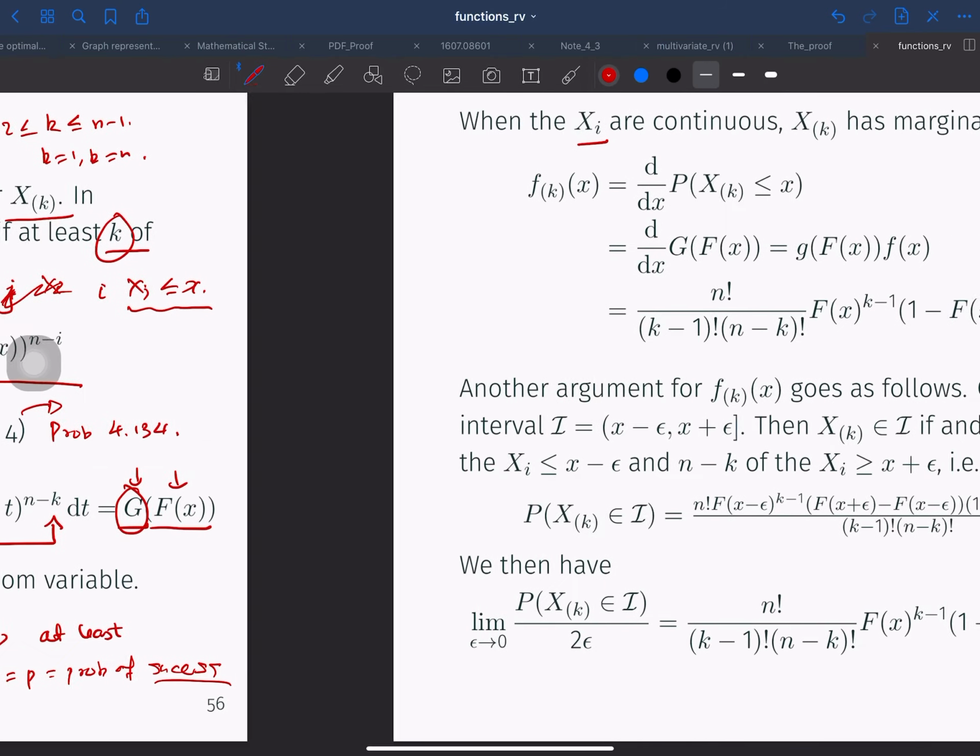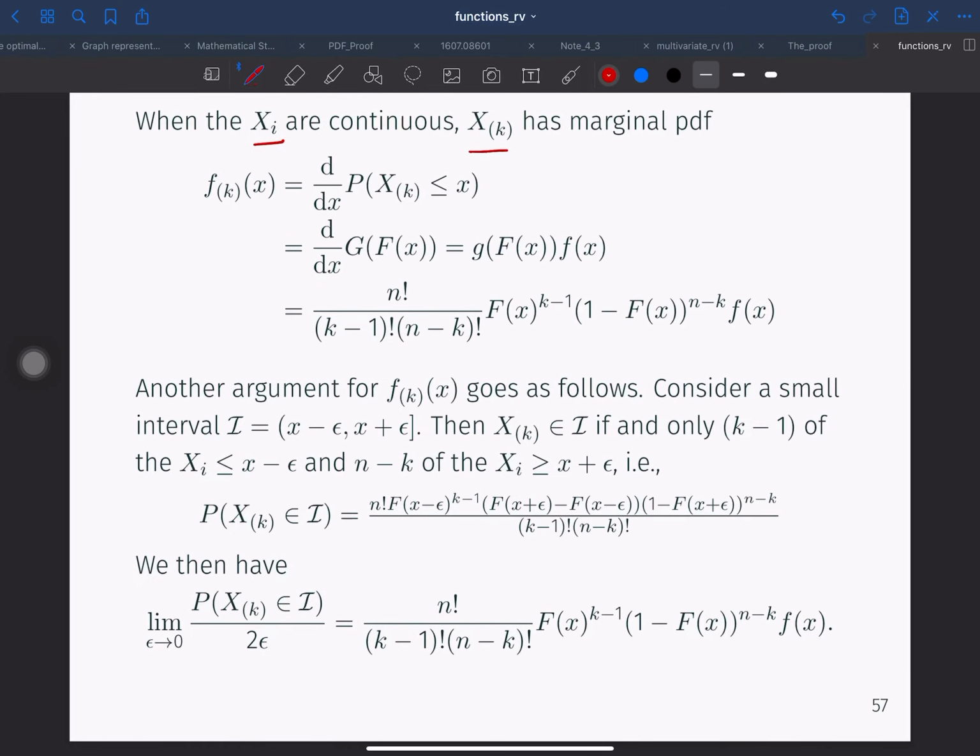But in the case when it is continuous, I could now take the derivative of the CDF. So the derivative of the CDF is the derivative of G of F(x). And the chain rule will tell me that it's just G' evaluated at F(x) times f(x).